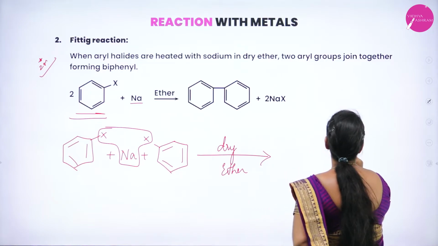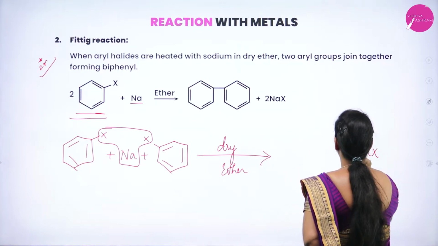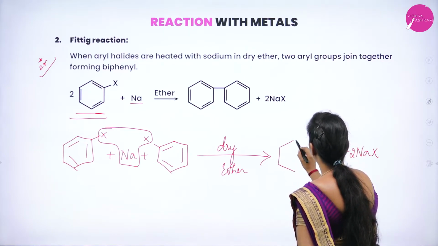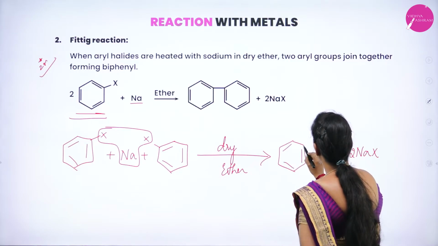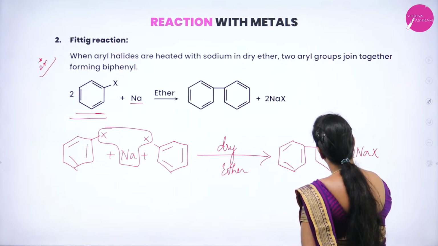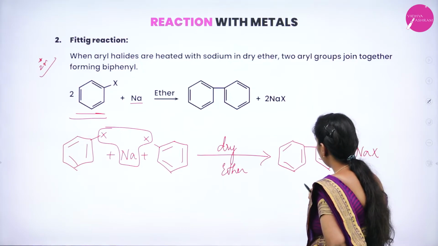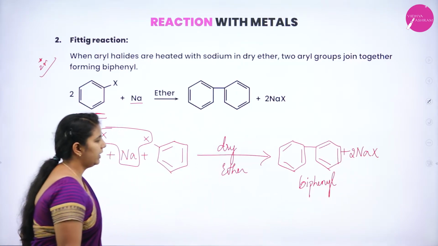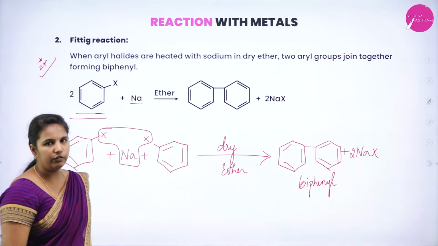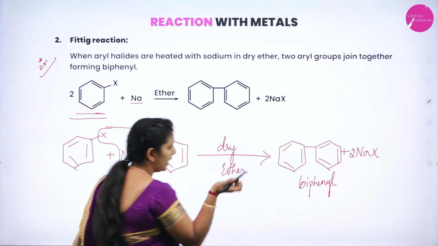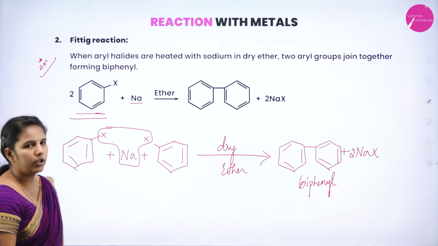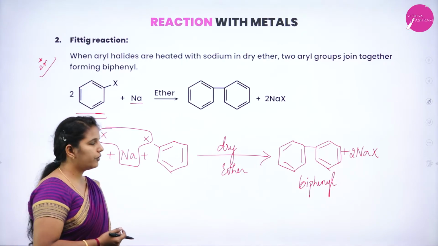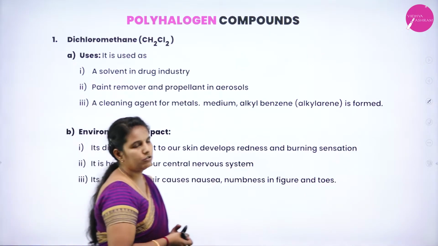Okay, it forms 2NaX, thereby it forms biphenyl. So in the examination, if you forget to write the bond between the two benzene rings, it's a waste of writing the reaction. So you need to show the bond between the two benzene rings, thereby you are showing what? The Fittig reaction.